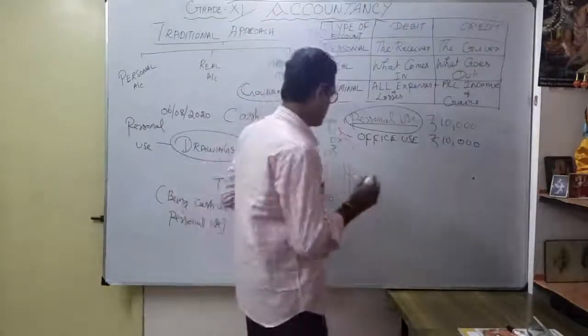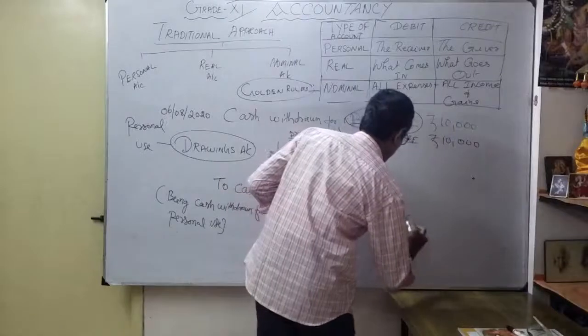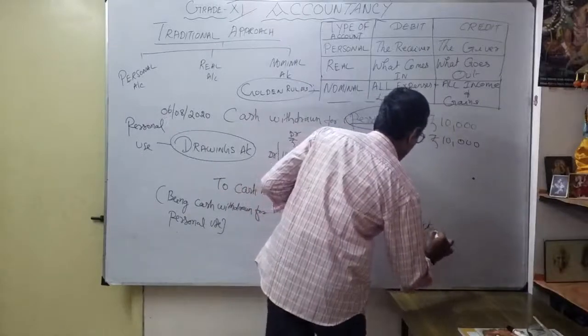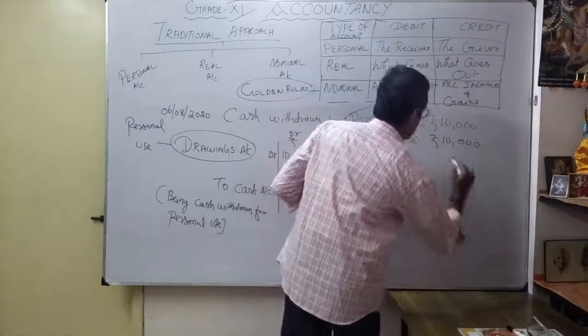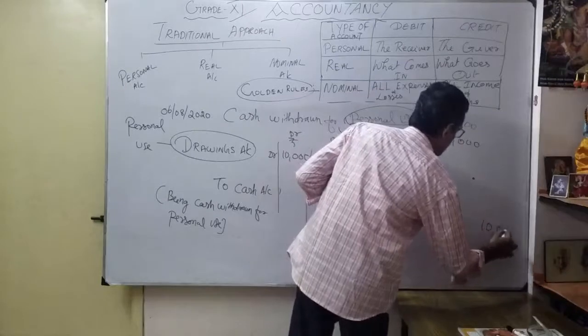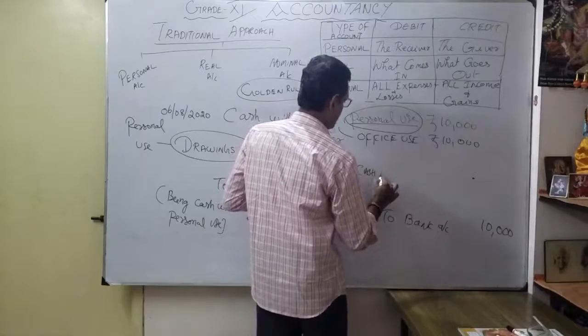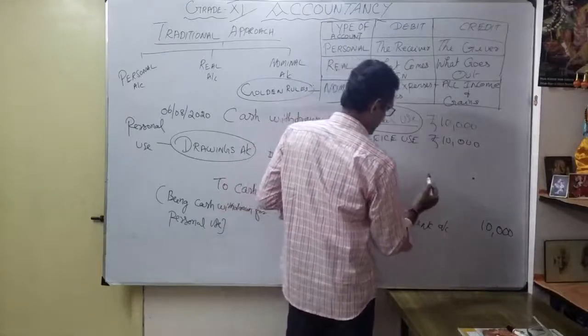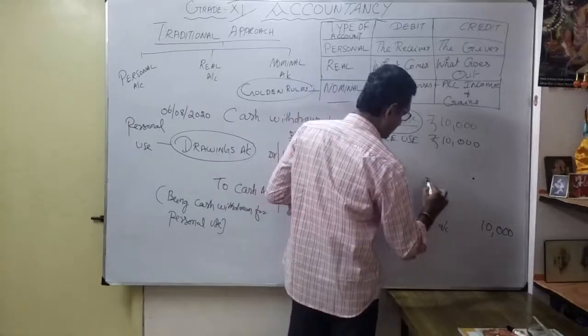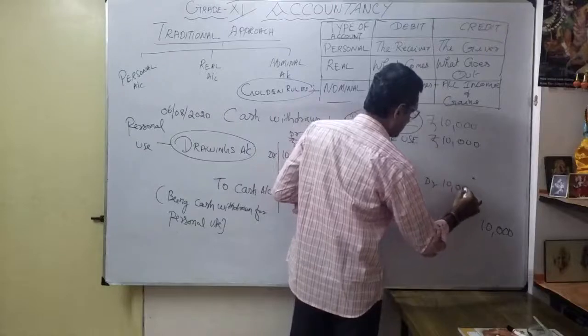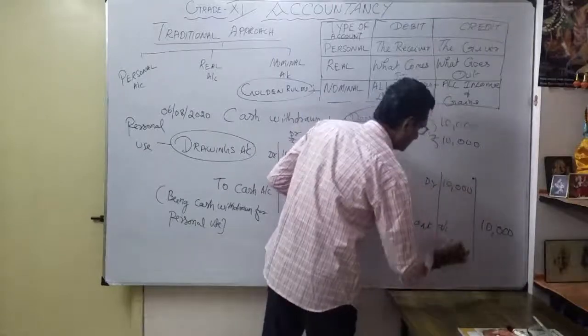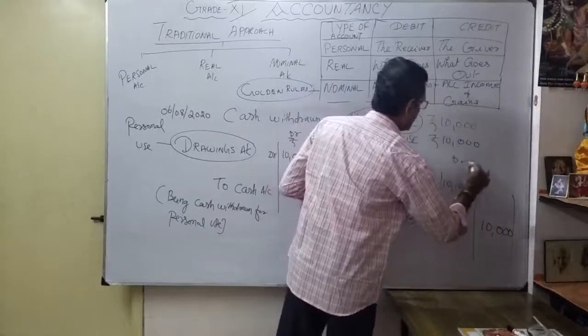So what do you have to put? To bank, how much? 10,000. So what should be debited here? Cash account, 10,000. Okay, I understood. So here debit, credit.